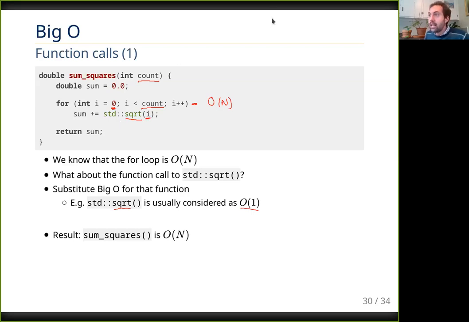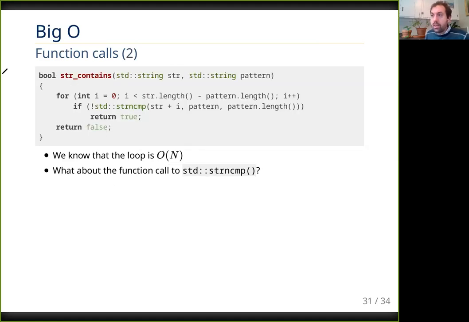Let's look at another function now, another function that operates on strings. So this one is a function that receives a certain string, receives another string that is a pattern, and essentially tries to see if that pattern is included in the string. If it is included, then the function will return Boolean value true, otherwise it will return false.